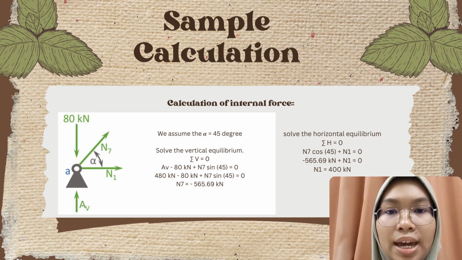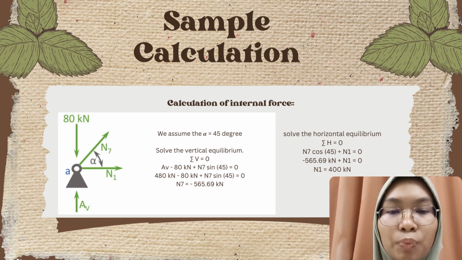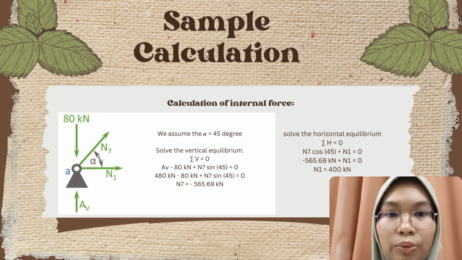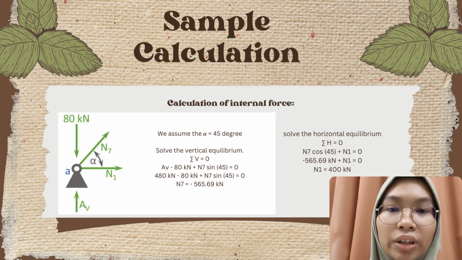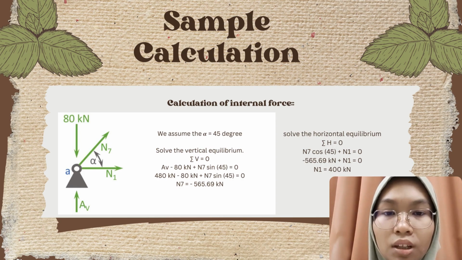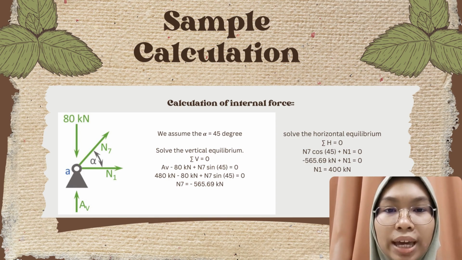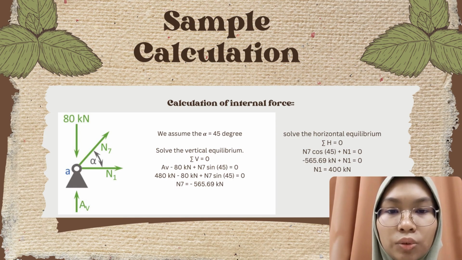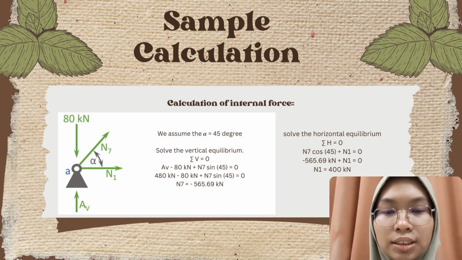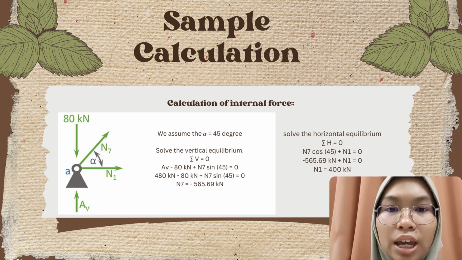From that we will get N7 equals negative 565.69 kilonewton. After that, we need to solve the horizontal equilibrium using sum of H equal to 0. From that, we will get N7 cos 45 plus N1 equal to 0. Insert the value of N7, then we will get N1 equal to 400 kilonewton.